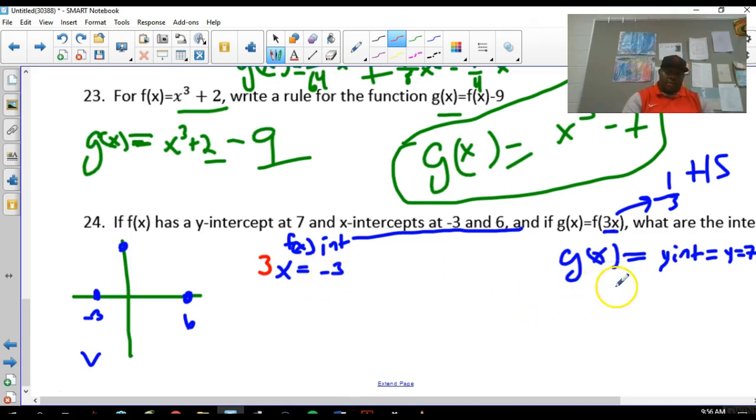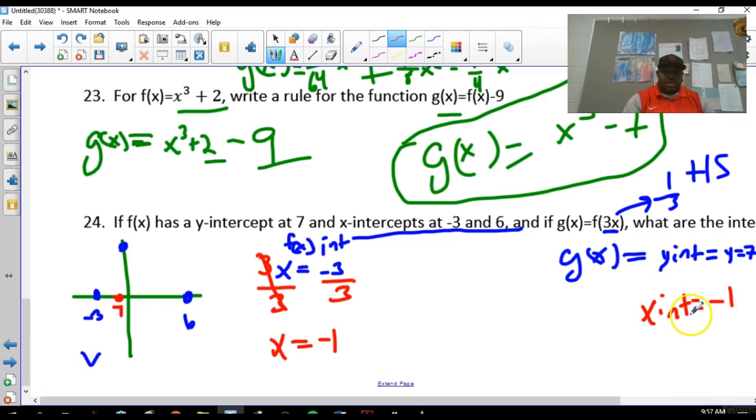And I'm trying to solve for the x-intercept for g of x. How do I solve this for x to find my new x? I'm going to divide by 3 on both sides. It cancels, so now I have x. And over here on the right, I have -3 divided by 3. Well, that's -1. So this thing compressed to -1 for g of x.